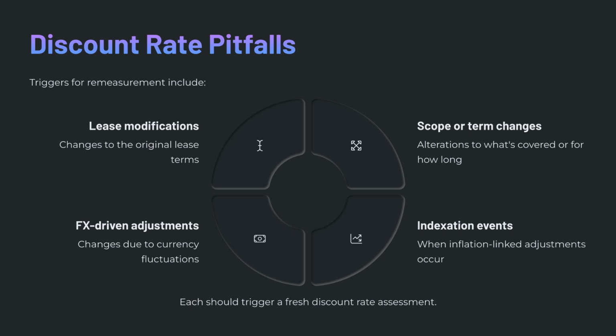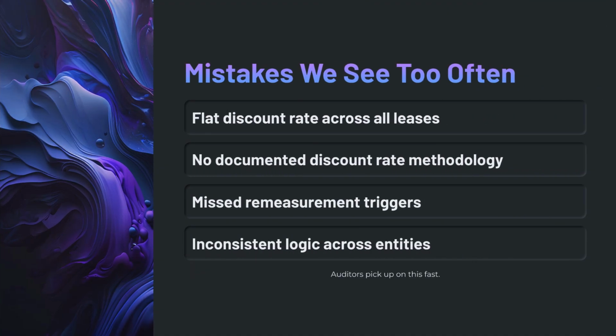Common mistakes we see. One of the most common and costly issues we see. The finance team simply isn't told about changes to the lease. A lease gets extended, but no one flags it. A rent review kicks in midterm, but the updated rent doesn't reach the model. Or worse, a lease is terminated early, but it stays in the accounts as if nothing changed.